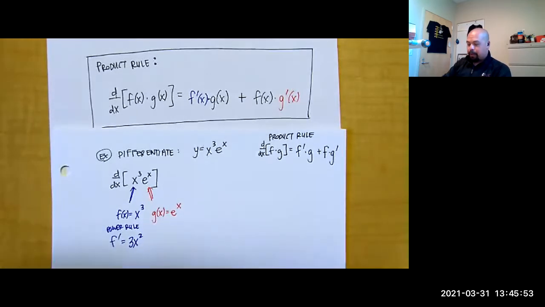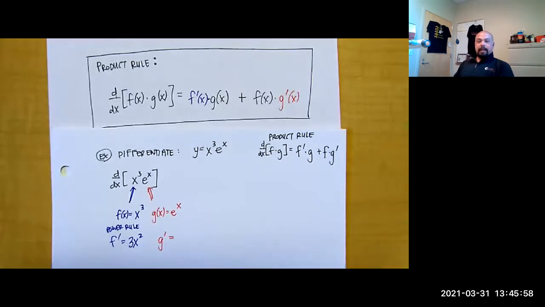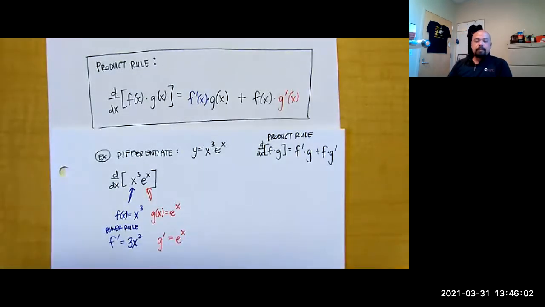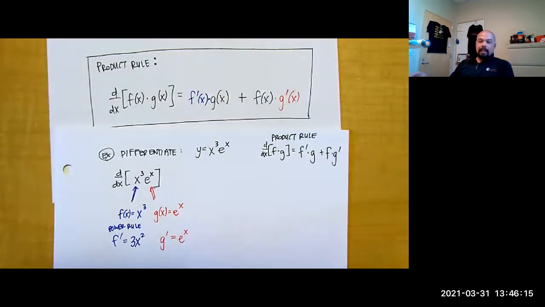And for the exponential, the derivative is nice and simple, it's just the same exact exponential. We'll see a more complicated version of that later in this discussion of taking derivatives. But for now, when it's just e to the x, it's the exact same e to the x.